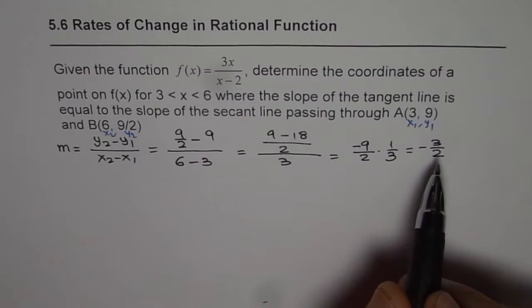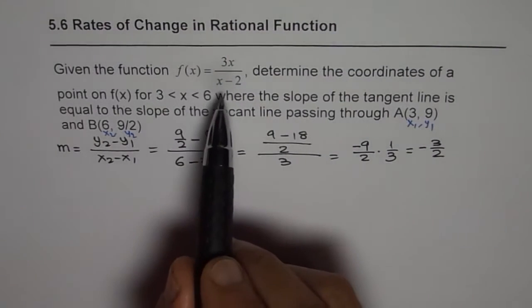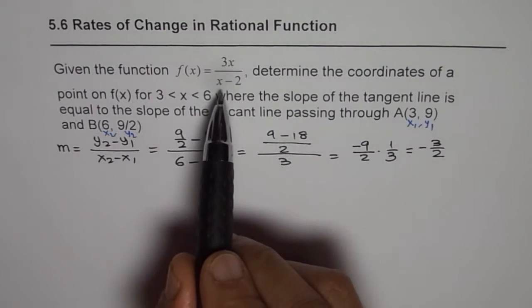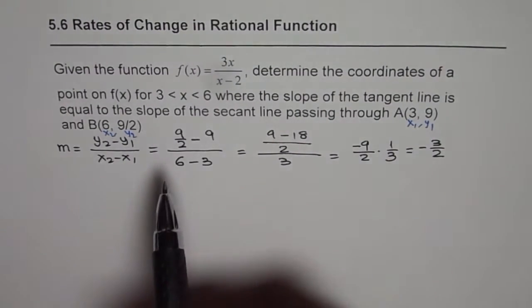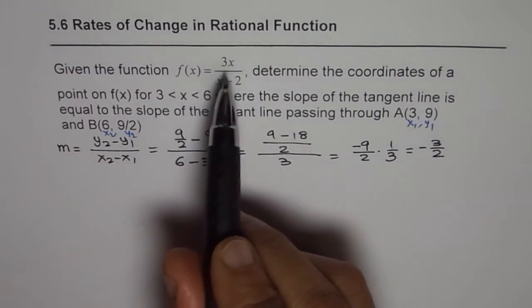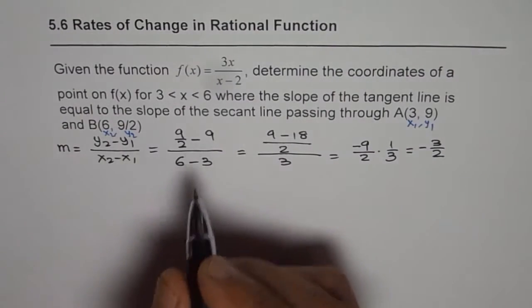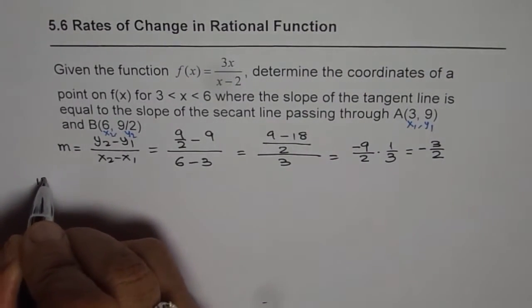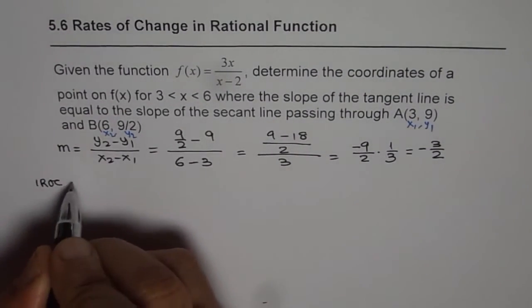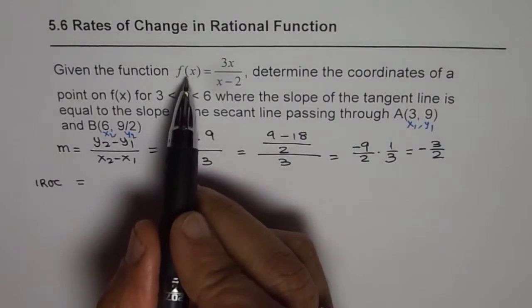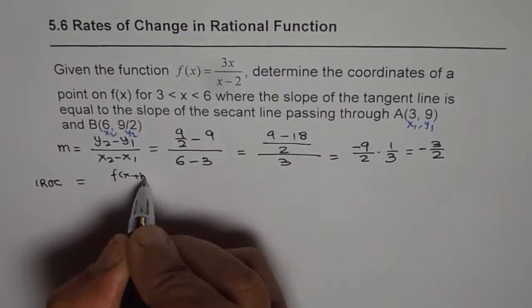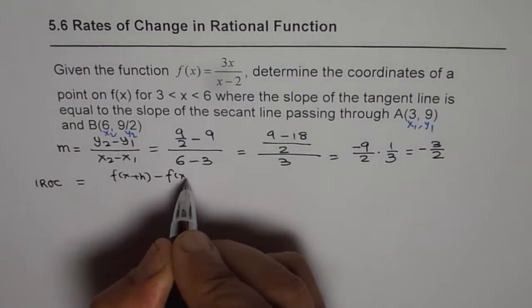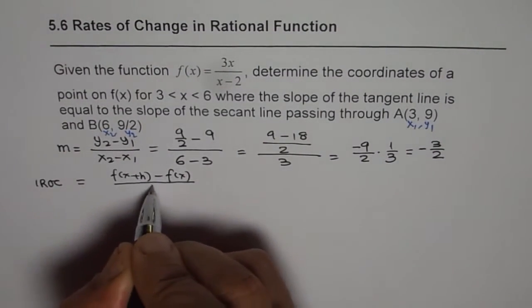So now we are going to apply the difference quotient method to find the rate of change for the function at a general point, and let that general point be any point x. We'll just use the number x, right? So the instantaneous rate of change at any point will be f of x plus h minus f of x over h, correct?